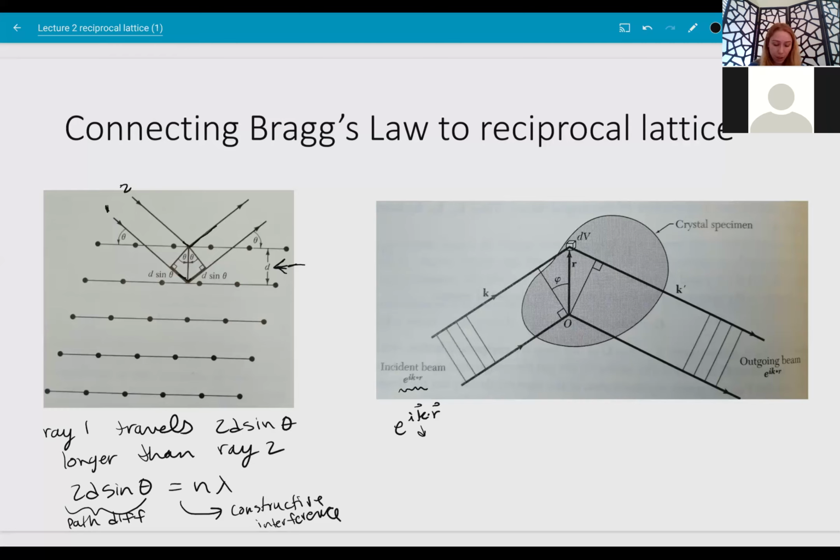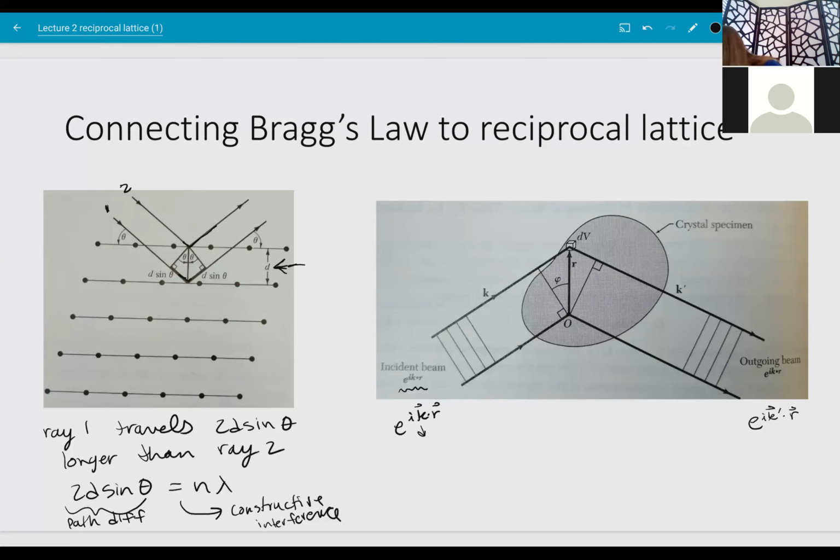Then we're going to consider two points in the crystal. The gray blob is the crystal, one point is the origin, and the other point is some volume element dV that is a distance r from the origin. The wave comes in and gets diffracted both from the origin point and from this volume element dV, and it exits the material with wave vector k prime, and the outgoing beam is e to the i k prime dot r.